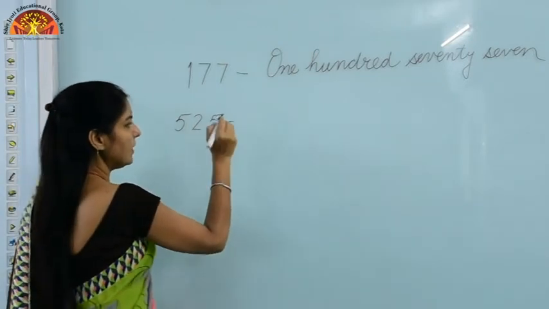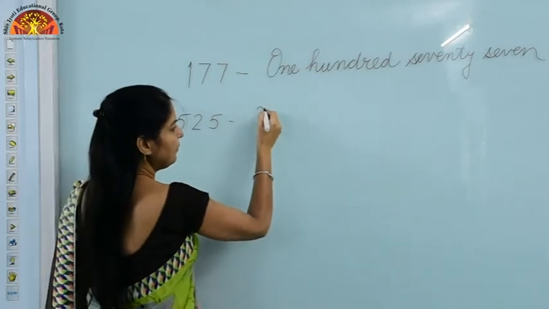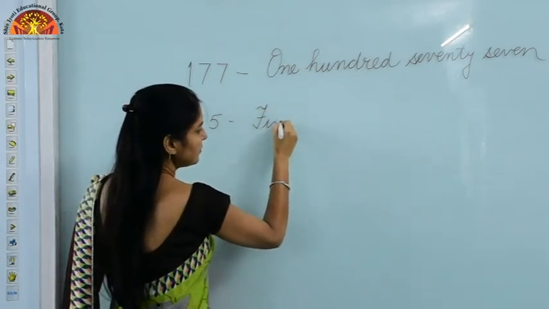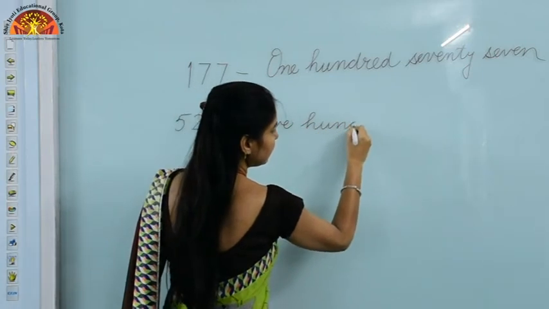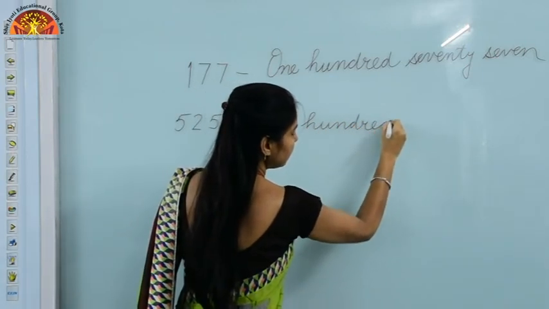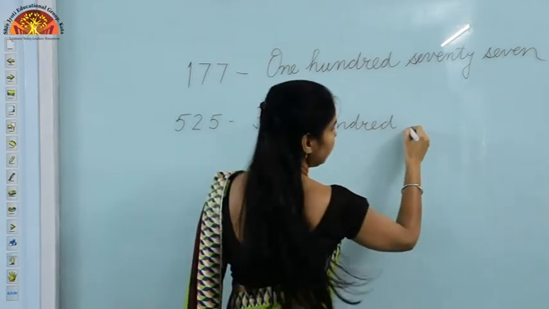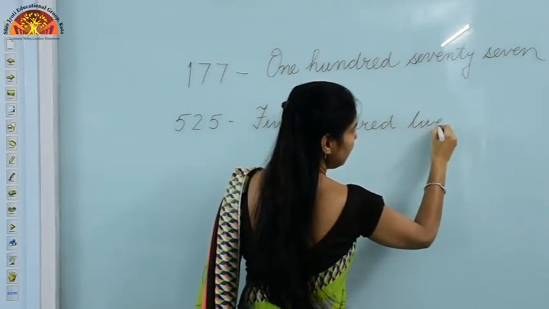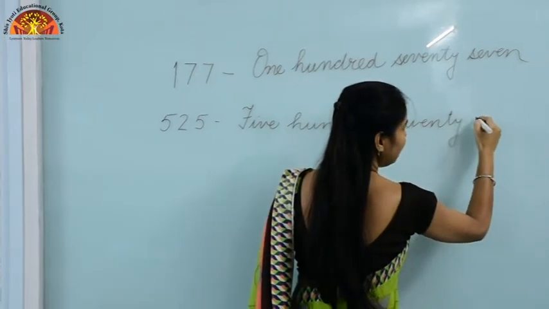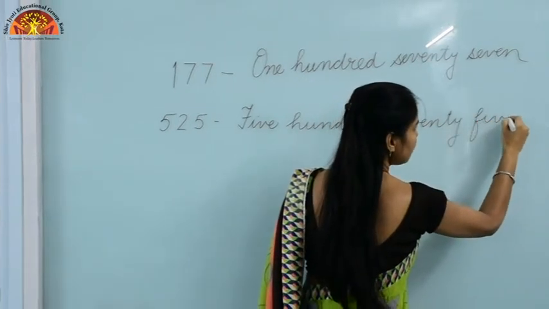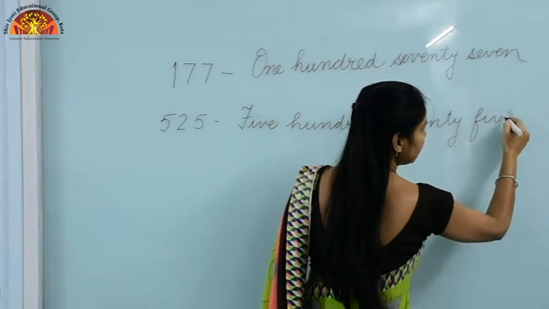So how will we write the number name of it? 525. Twenty and 5. I hope you all have learned the spellings of all these numbers.